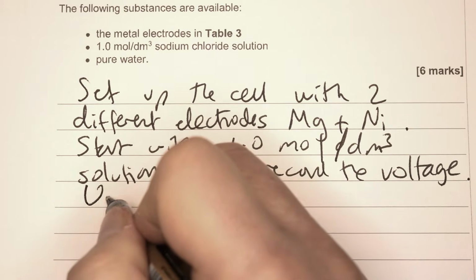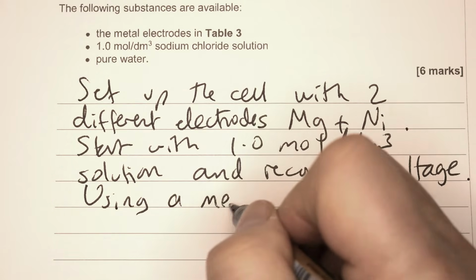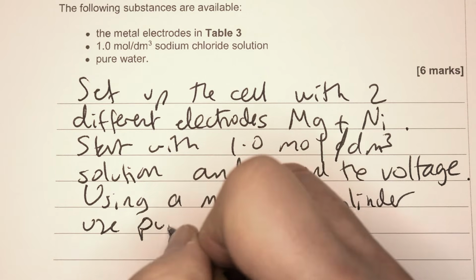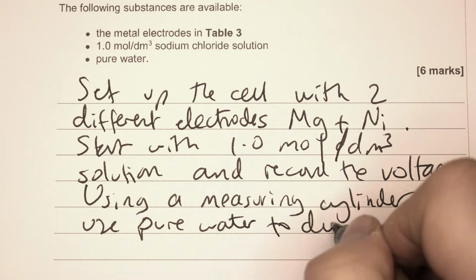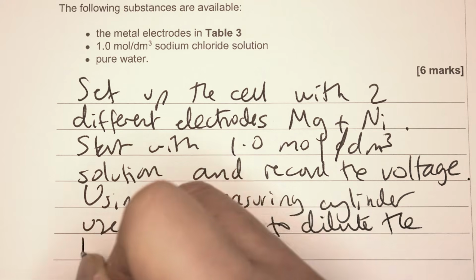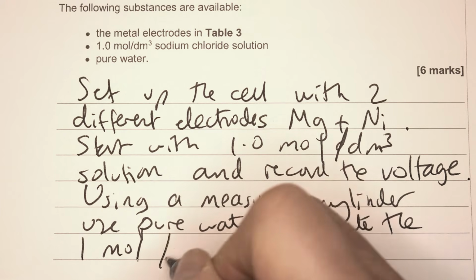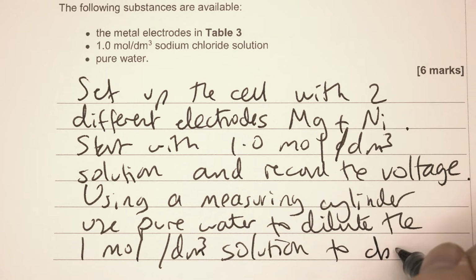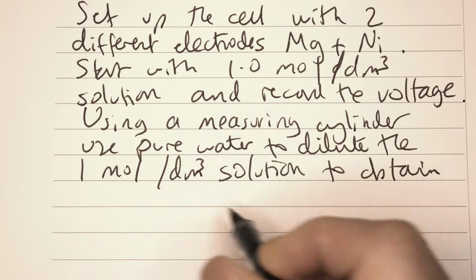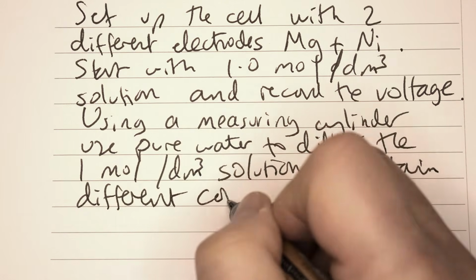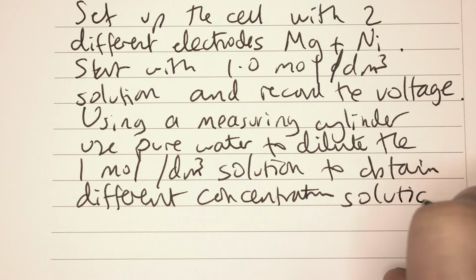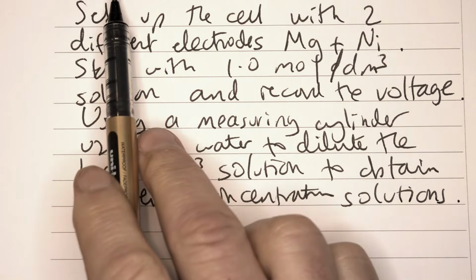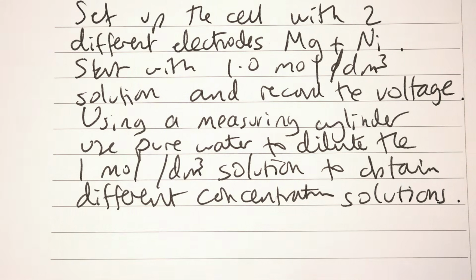So using a measuring cylinder, use the pure water to dilute the 1 mole per dm cubed solution to obtain different concentration solutions. So that's how I get my different solutions with different concentration, by essentially watering down the 1 mole per dm cubed solution that we're given.